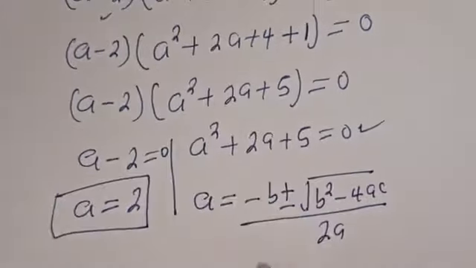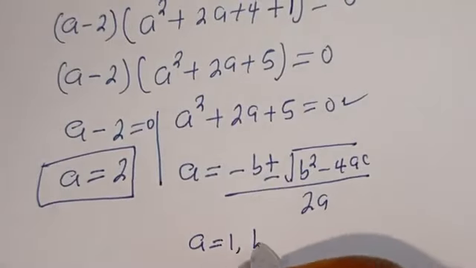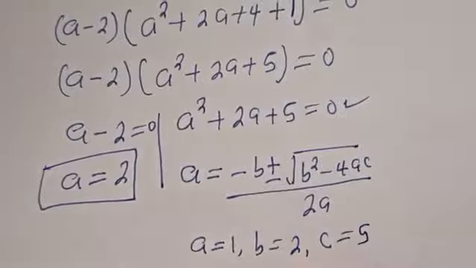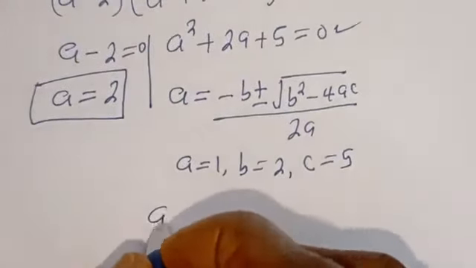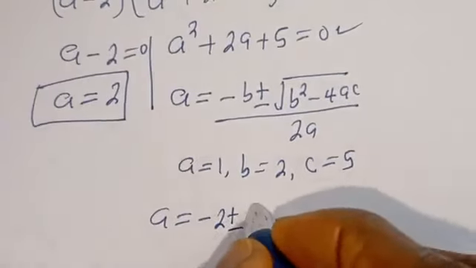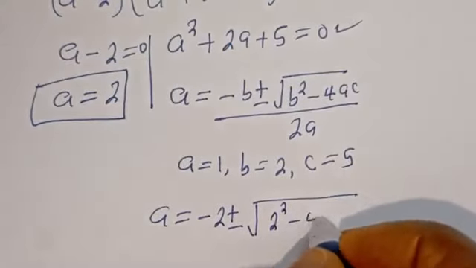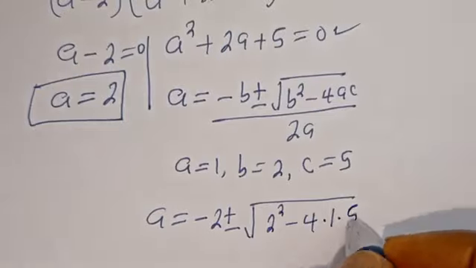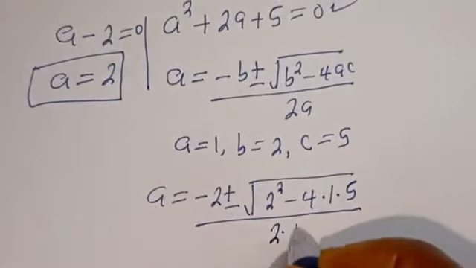And from this equation, a is equal to 1, b equal to 2, c equal to 5. Then a is equal to minus 2 plus or minus square root of 2 square minus 4 multiplied by 1 multiplied by c, which is 5, divided by 2 multiplied by 1.